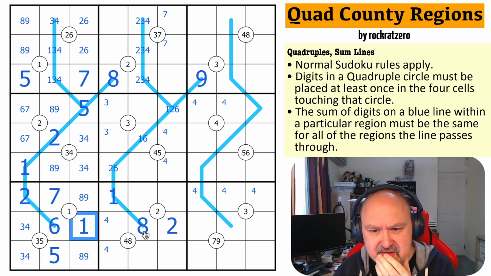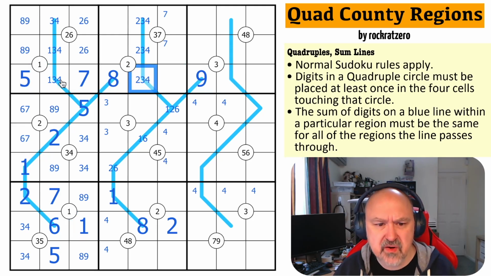There's some really nice tricks to this, but I'm struggling again. Four in this row is in one of those two. But I can't put it there because of the 2, 3, 4, and I can't put it in any of those because of that.